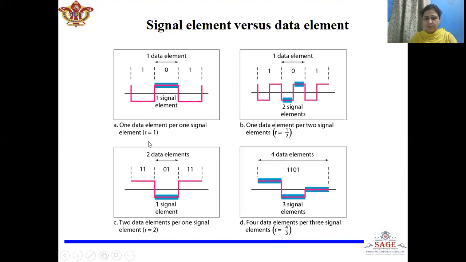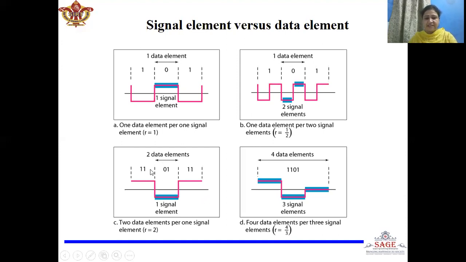So in this case, small r, which is the ratio of data elements to signal elements, is 1. Now in the second figure, we can see that bit 0 is represented by two signal levels, that is from low to high. So in this case, the data element is 1, whereas signal elements representing this data element are 2. So small r is given by 1 upon 2.